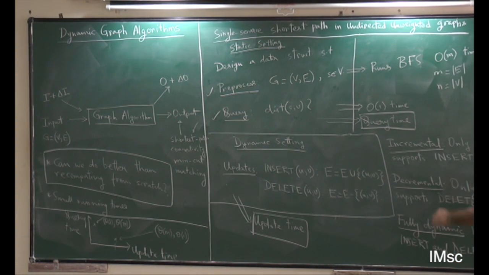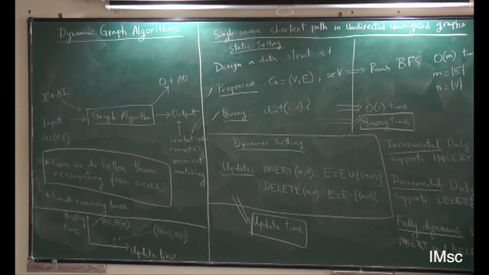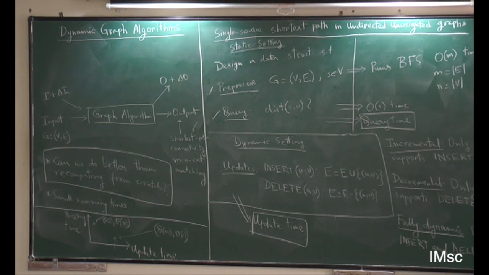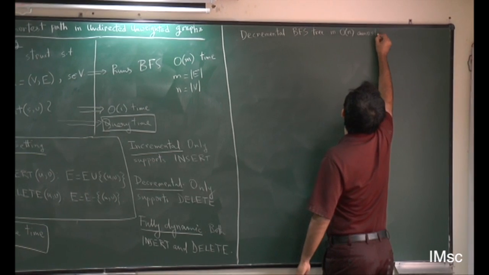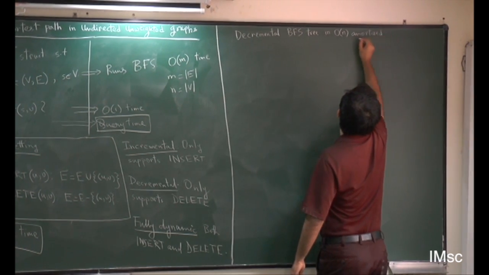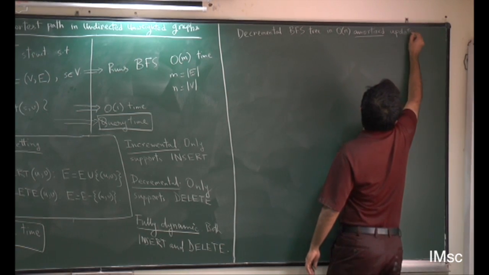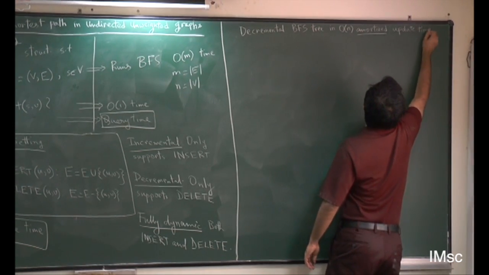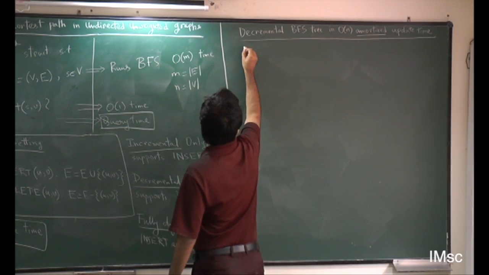We will present an algorithm for decremental BFS tree, which is equivalent to single source shortest path, in order of n amortized update time. This is called the Even-Shiloach tree.